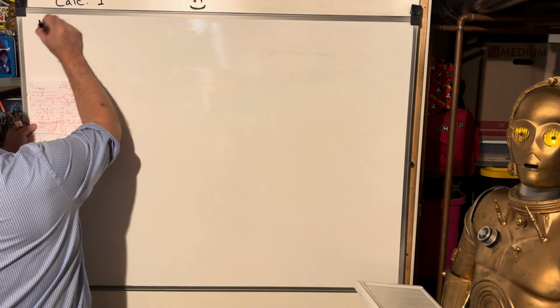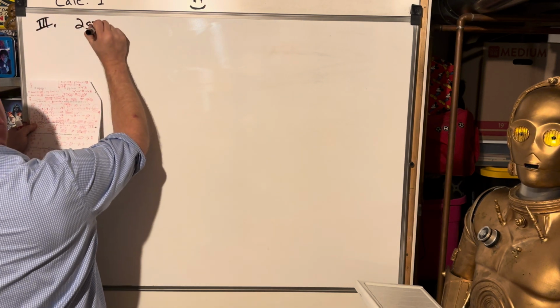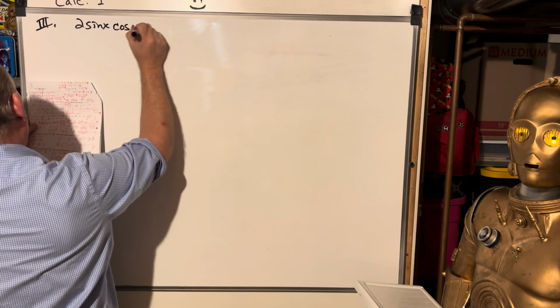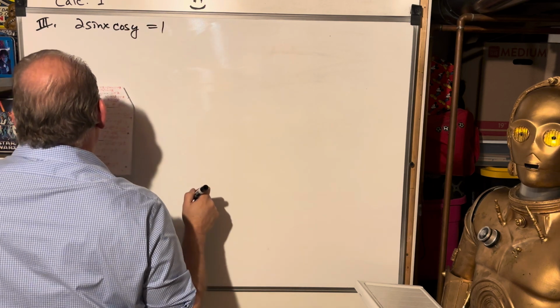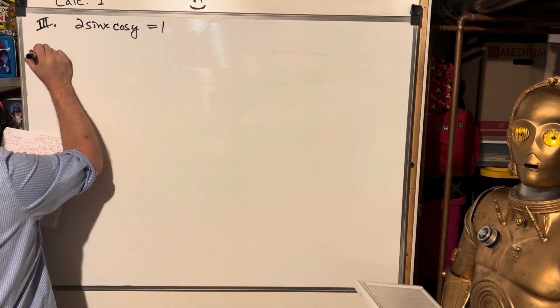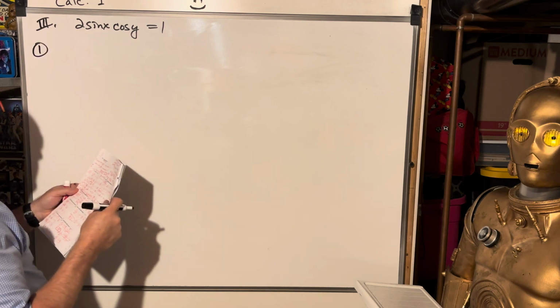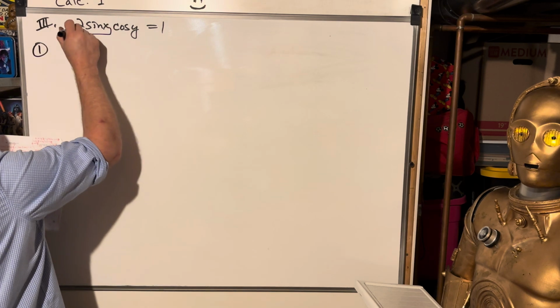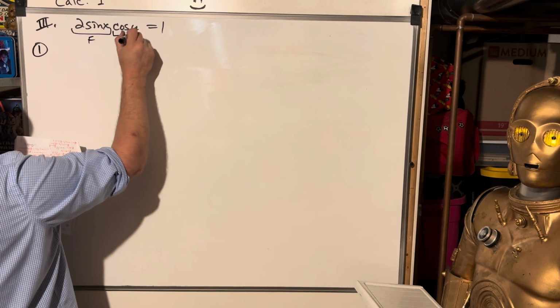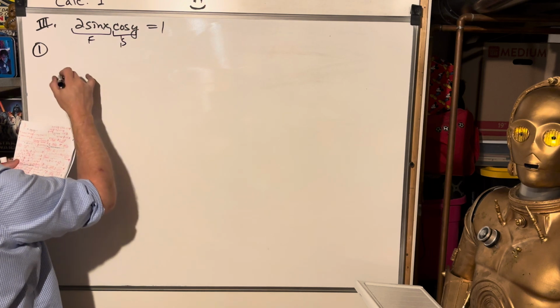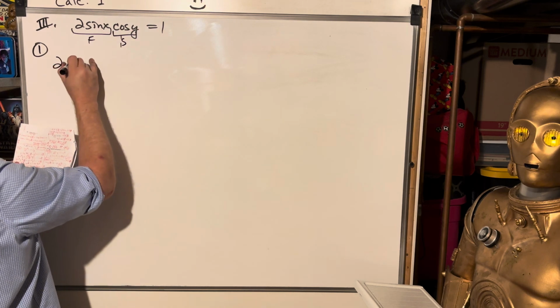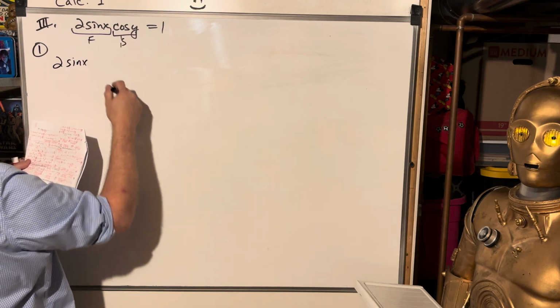All right, so we got 2 sine x cosine y equals 1. So step 1 is, again, this is my first, this is my second. And so let's do the first times the derivative of the second.